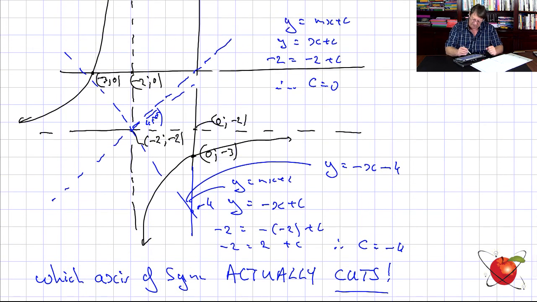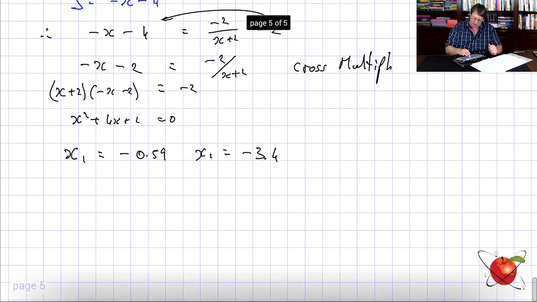You get one over here, where the x coordinate there was minus 3.4. Can you see it? That's that coordinate there. To find y, you just back substitute into the easiest one, correct? And this one over here, the x coordinate down here of that point is minus 0.59. And you'd find the other coordinate by back substitution.